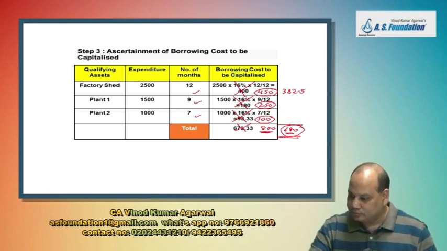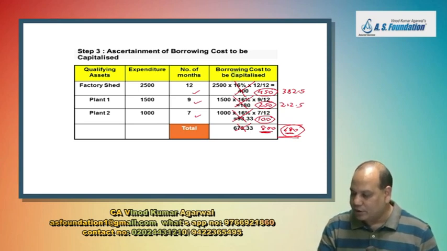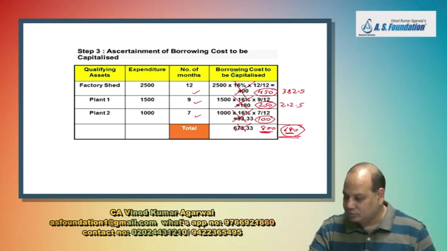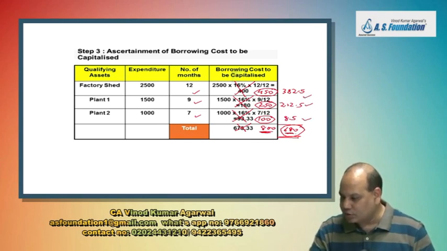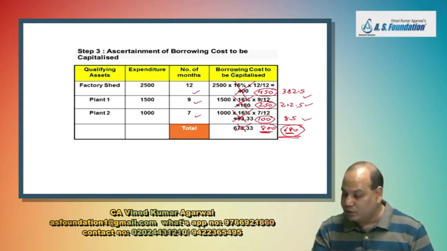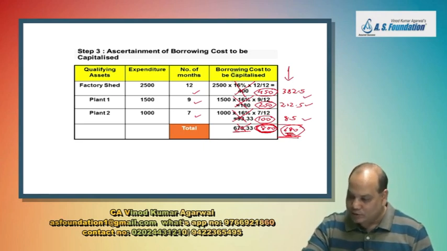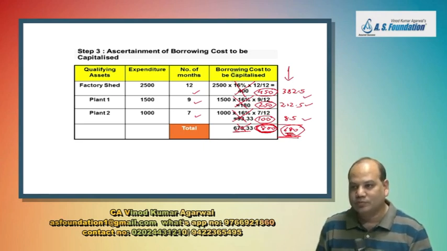How much? 212.5. 100 divided by 800 into 680. 85. And now if you cross check, the total is 680. Right? So this way you will do. Be very alert. If this total exceeds actual borrowing cost, then draw one more column and apportion immediately next to that in the same ratio of the fourth column.